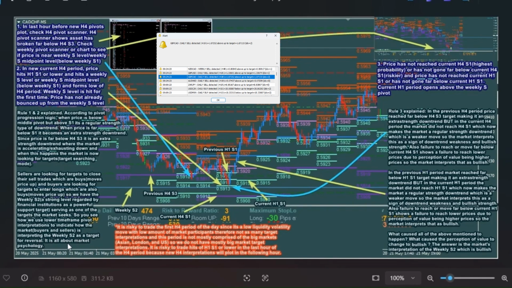It is all about market psychology, okay? So we're using the lower time frame pivots, which are the H4 pivots and the H1 pivots, to discern how the market is interpreting the main weekly pivot targets. Okay? It's all about market psychology.